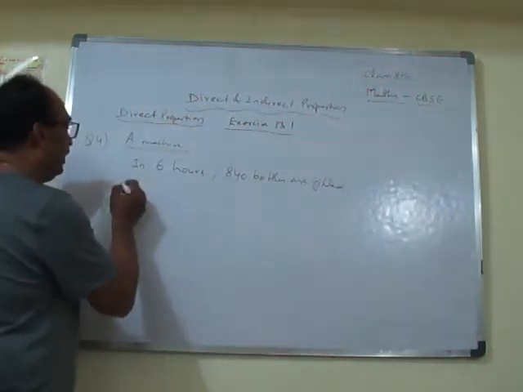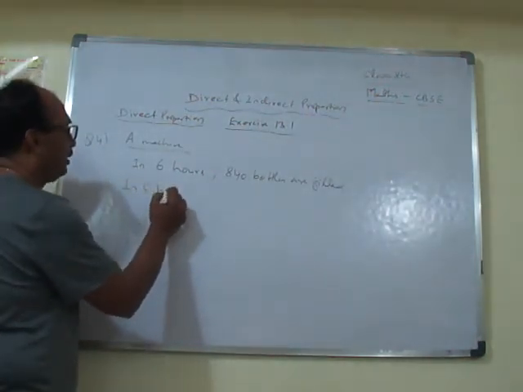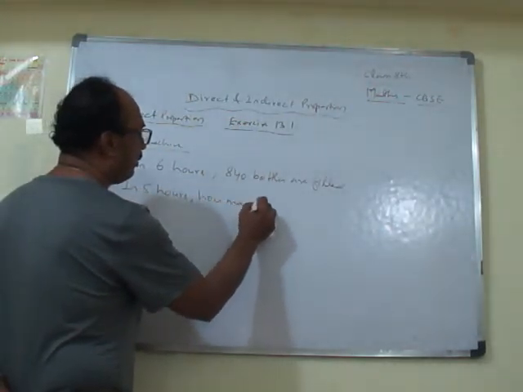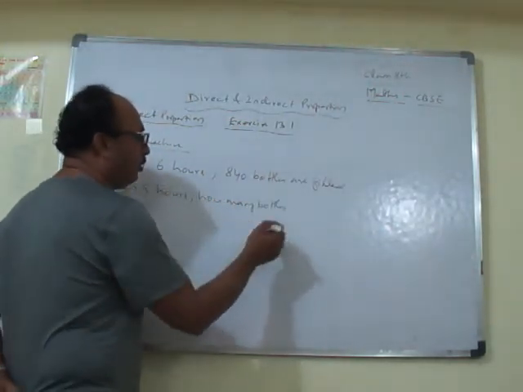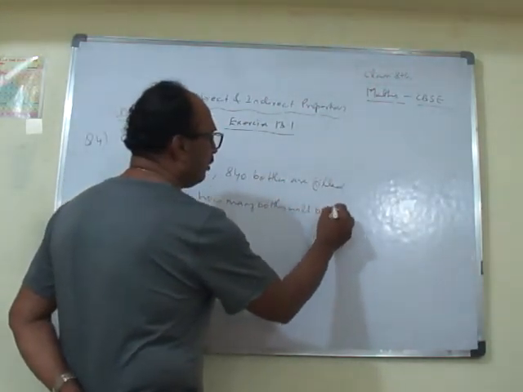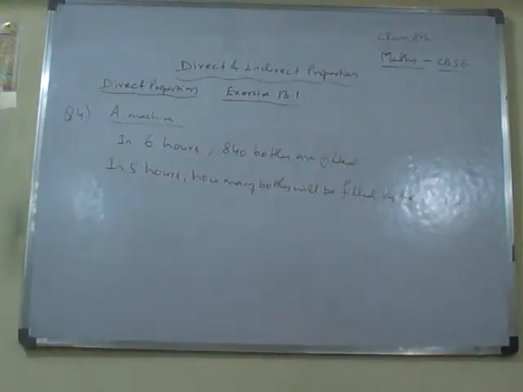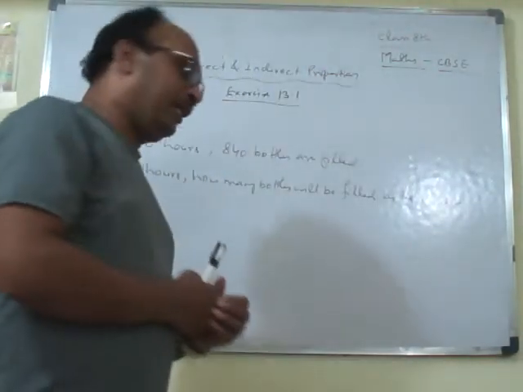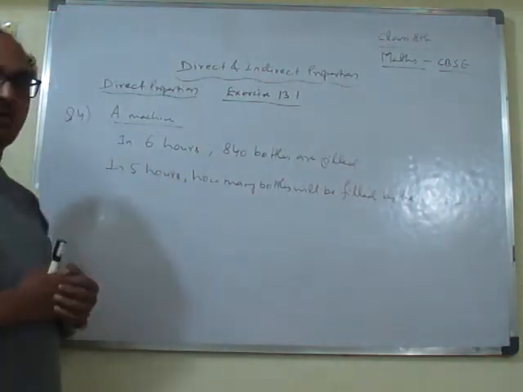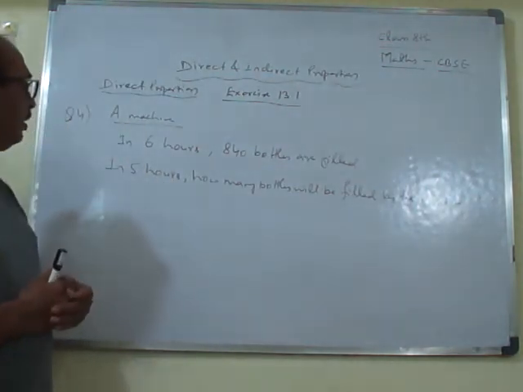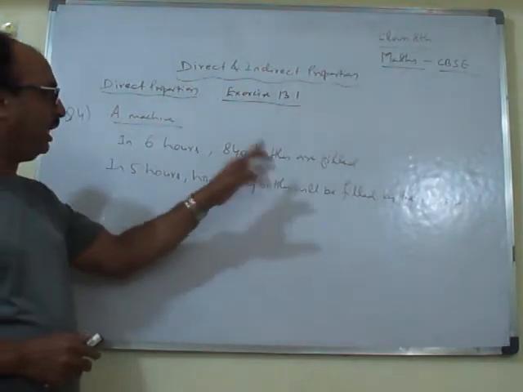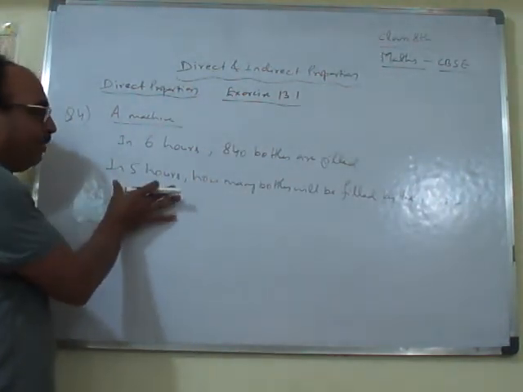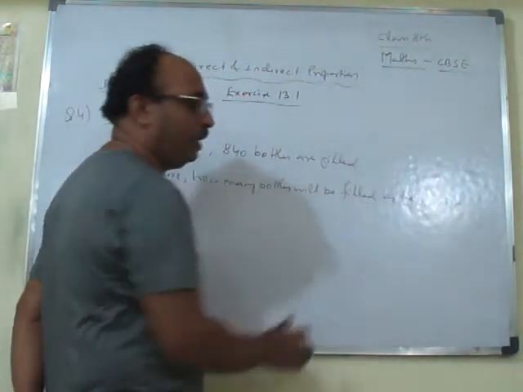Okay, so the question which we were solving, question number 4, is: in 6 hours 840 bottles are filled, and in 5 hours how many bottles will be filled by the machine?